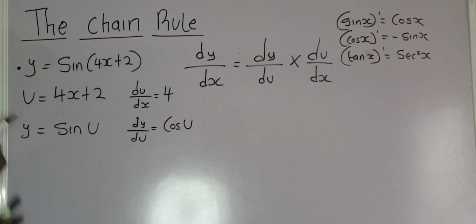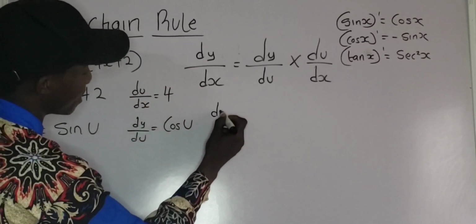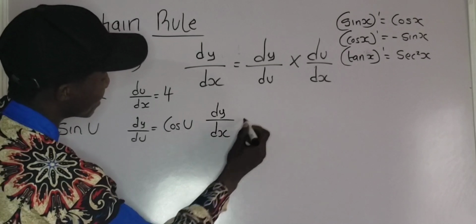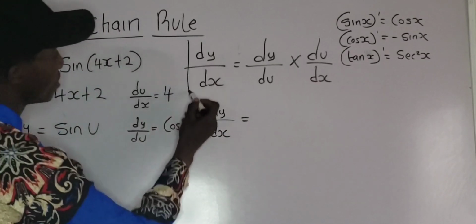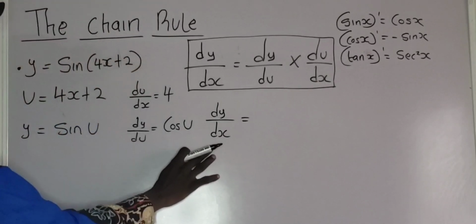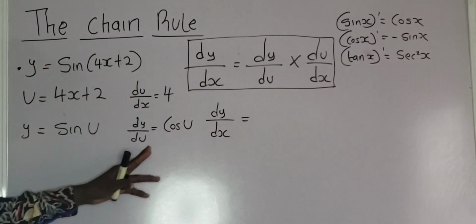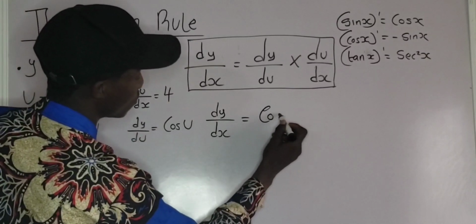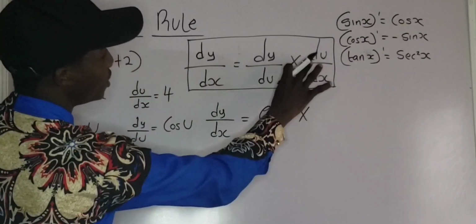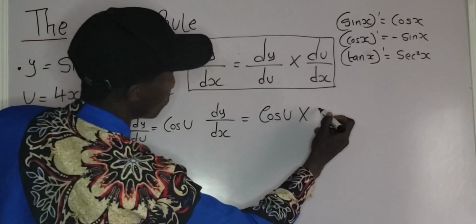So now, having differentiated both the inner function and the outer function, I can proceed to make use of the chain rule formula. According to the chain rule formula, dy over dx is equal to dy over du. Dy over du is what? Cos u. Cos u multiplied by du over dx. Du over dx is what? 4. So cos u multiplied by 4.